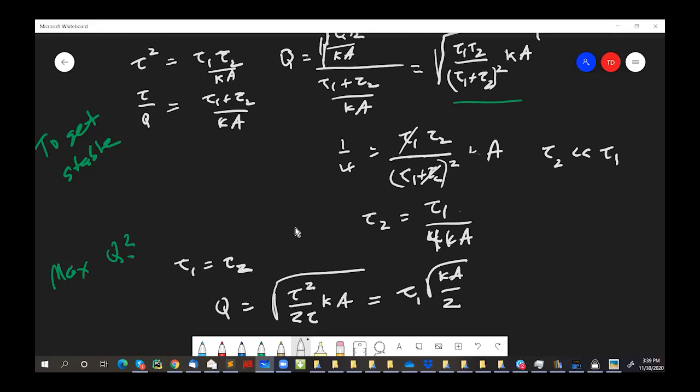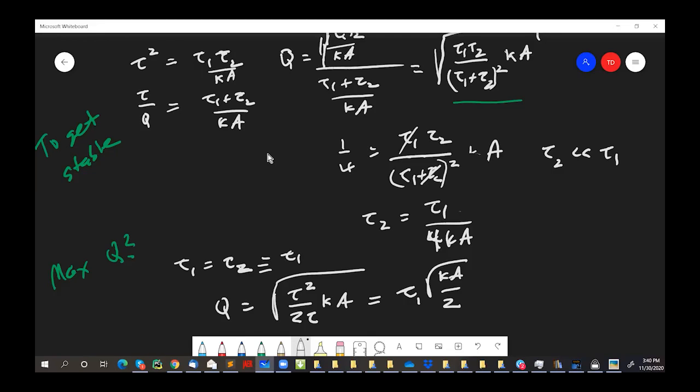So let's just call this tau 1. When you make the time constants on those two nodes the same, then you get a Q which is proportional to the square root of the loop gain. Like if the loop gain is 100, then the Q would be 10. So it should ring roughly 10 cycles.